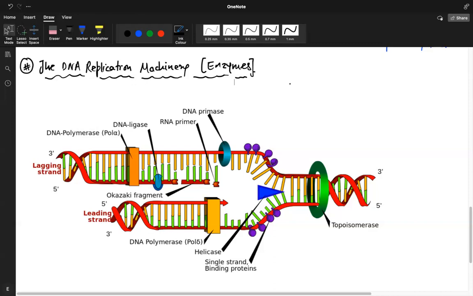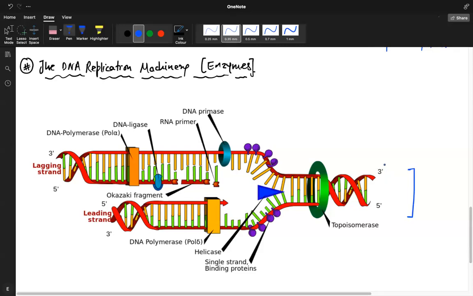Now let's come back to this point. The diagram that you see in front of you shows the machinery and enzymes which take place in DNA replication. Now let's start with something fundamental. So look here, we will start from this side.